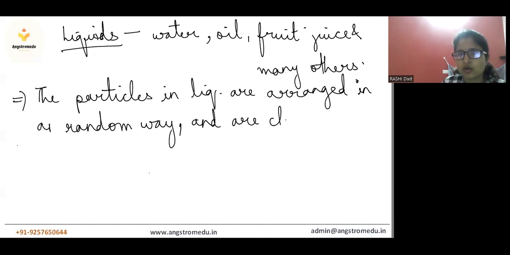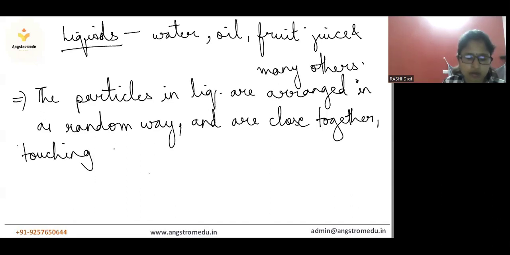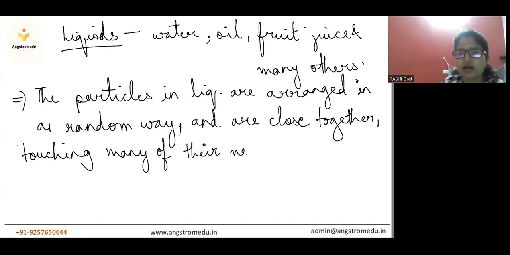The particles are close together, touching many of their neighbors. So that means the particles are arranged in a random way, but they are still touching their neighbors, right? So there are some gaps.